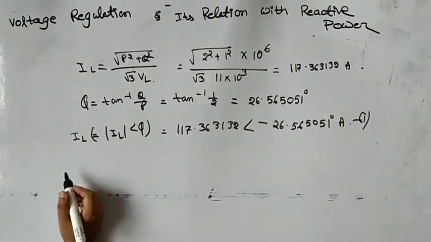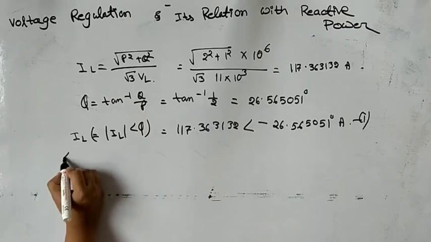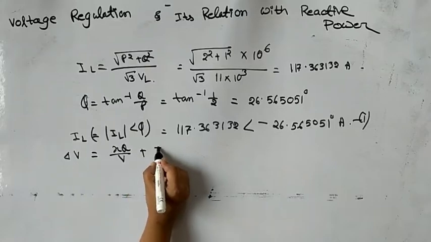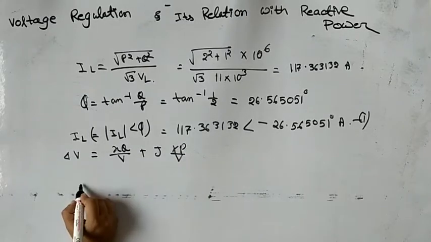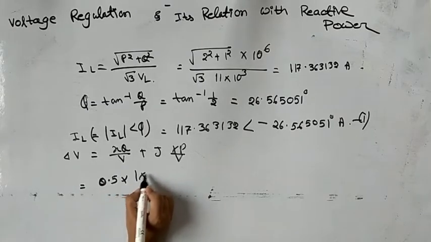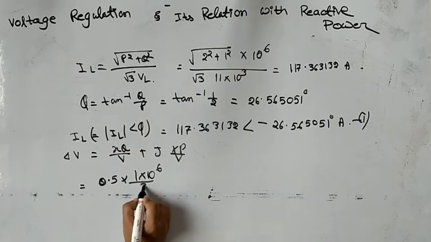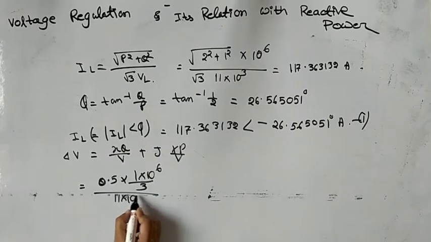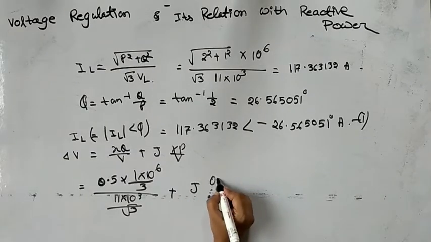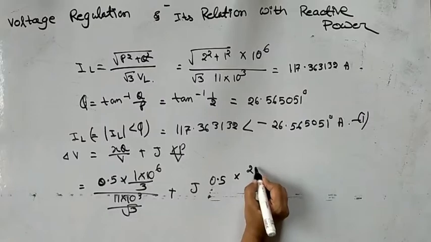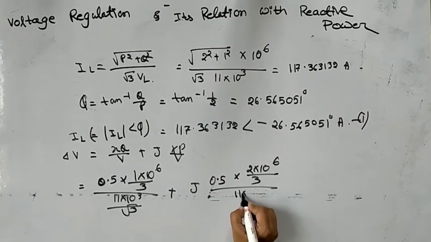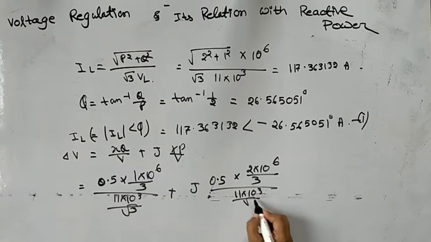Okay, next, delta V equals, we know this formula, XQ by V plus j XP. Now this equals 0.5 into 1 into 10 to the power 6 by 3 by 11 into 10 cube by root 3 plus j 0.5 into 2 into 10 to the power 6 by 3 by 11 into 10 cube by root 3.